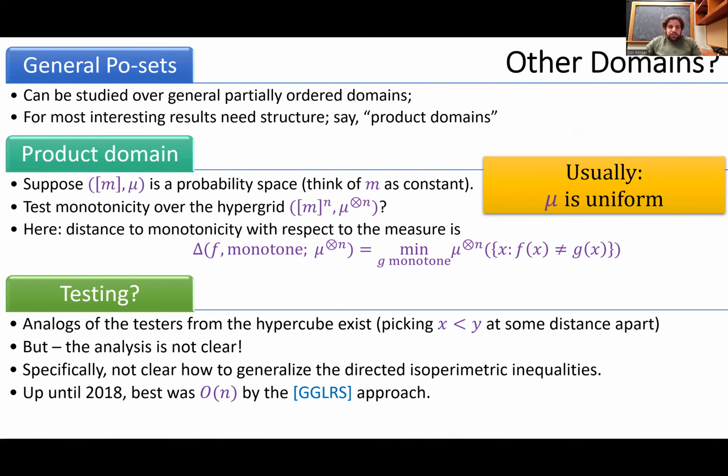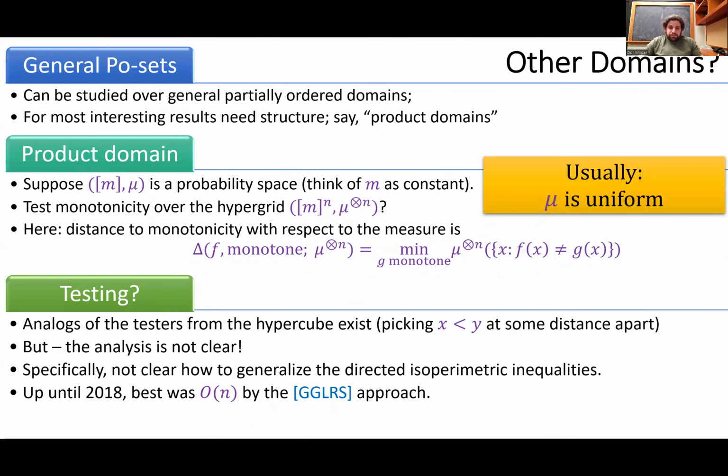While it is clear that these are supposed to be the right testers, the analysis that we had for the hypercube does not generalize, or at least we don't know how to generalize it very easily, to the hypergrid. There is an exception, the approach of Dodis et al., which is easy to generalize to the hypergrid, and therefore we did know of a correct complexity tester that followed that approach, but up until 2018, this is the best that was known.